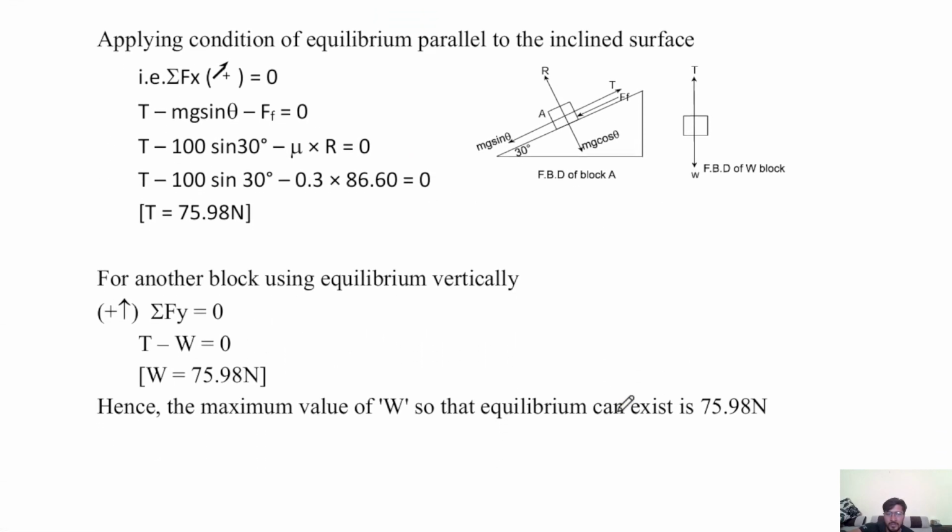Also applying the condition of equilibrium parallel to the inclined surface. This is the inclined surface, with the x axis along it and the y axis perpendicular, and the rightward upward direction is taken as positive, so summation Fx is equal to 0.